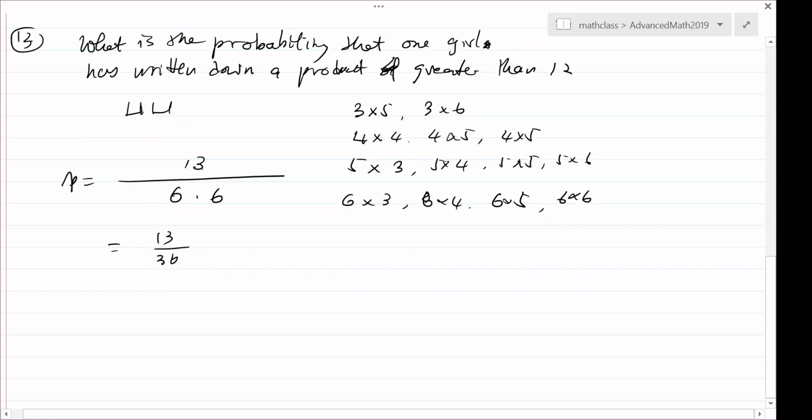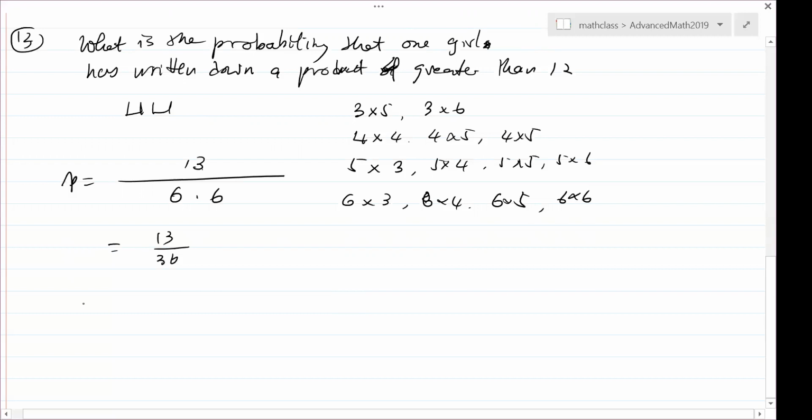Okay, and those 3 girls are doing the same thing. You want each girl, one by one, to get a product greater than 12. That's just a sequence of events, one followed by another, and you want them all to appear.